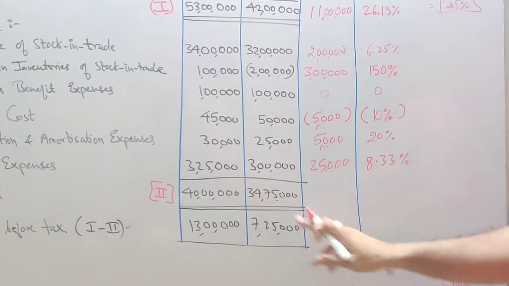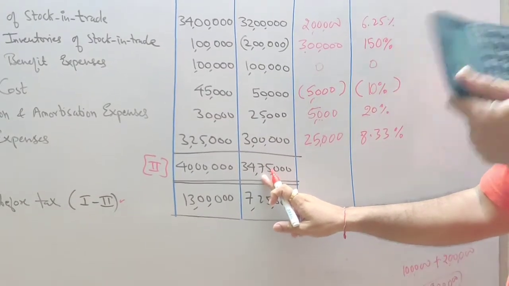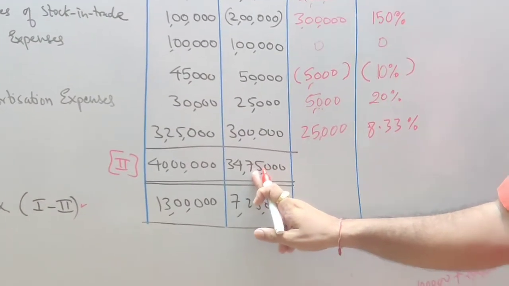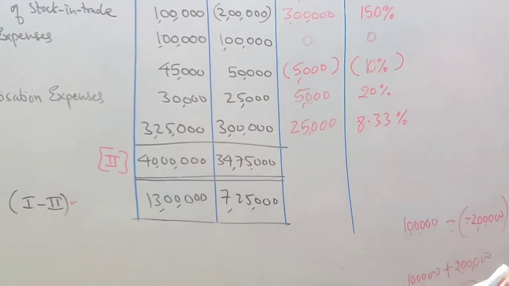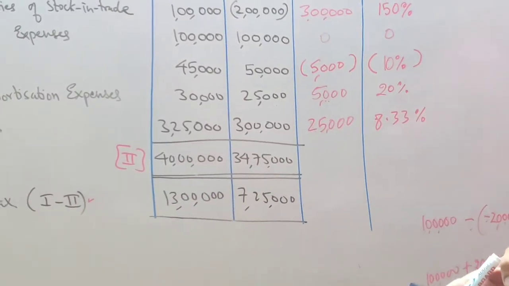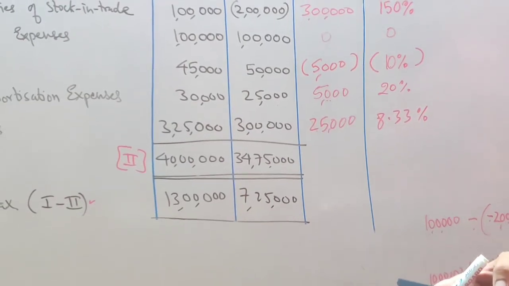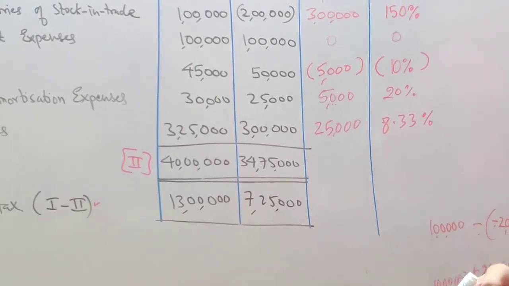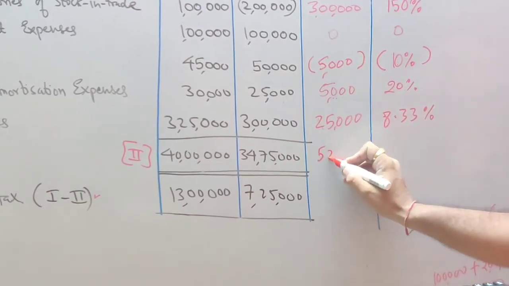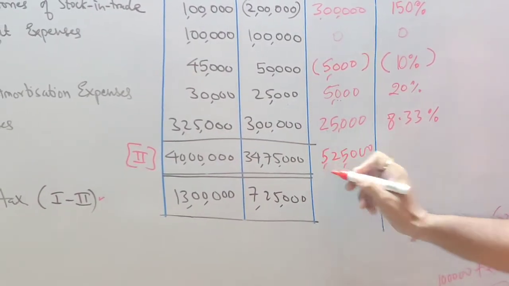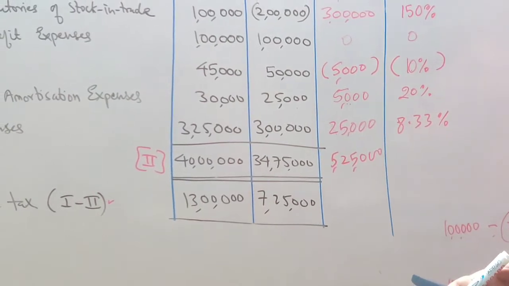Let's see the total expenses. Previous year your total expenses was 34 lakh 75,000. This year it is 40 lakh. Your expense got increased. By what amount? 40 lakh minus 34 lakh 75,000. That is, it got increased by 5 lakh 25,000. Let's find the percentage.